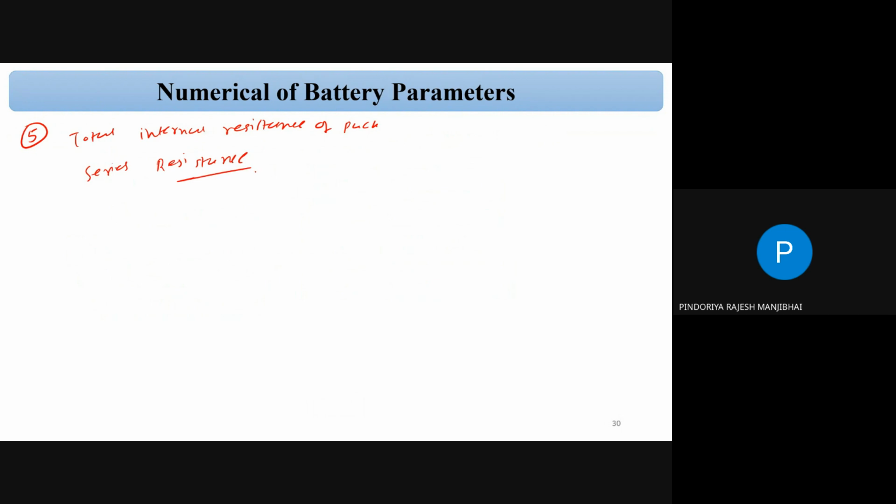In the previous numerical, we already calculated the string resistance, the series resistance. So R series: 20 resistances in series, with per cell resistance of 0.045 ohm. So R series is equal to 0.9 ohm.